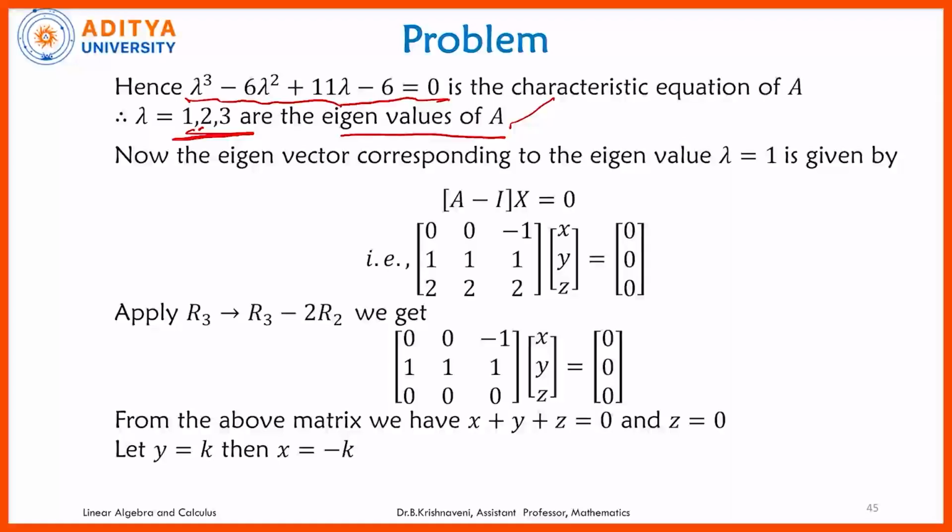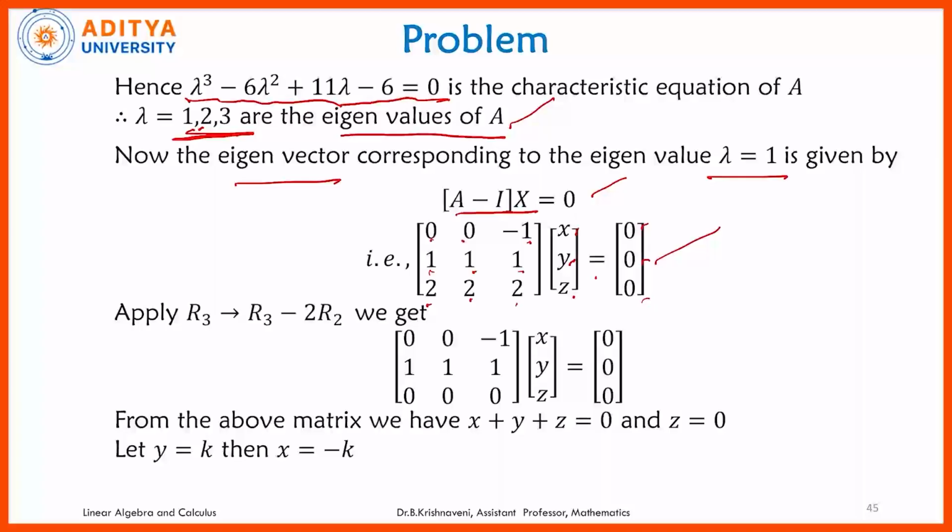Now we need to find the corresponding eigenvectors. Let us find the eigenvector corresponding to the eigenvalue lambda equal to 1. By means of the equation (A minus lambda I)x equal to 0, and taking lambda equal to 1, we got (A minus I)x equal to 0. On doing that, we got the matrix [0 0 -1; 1 1 1; 2 2 2] times [x y z] equal to [0 0 0].